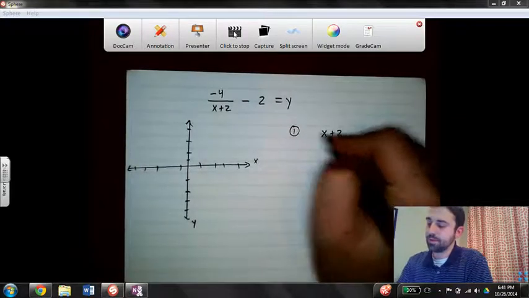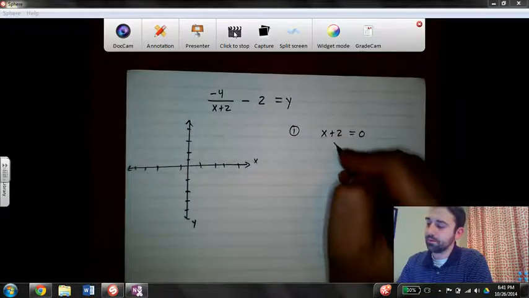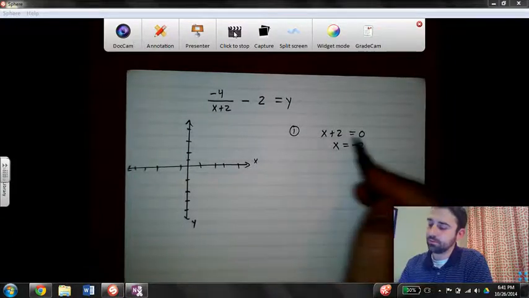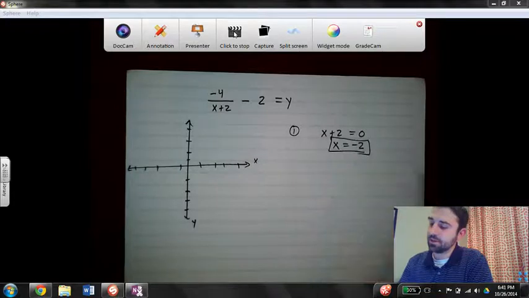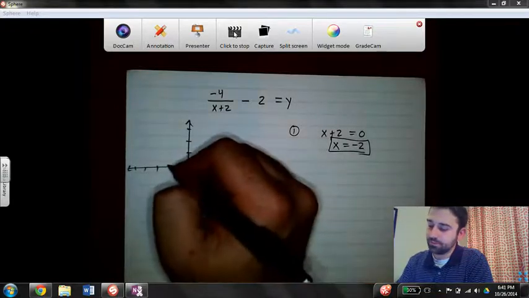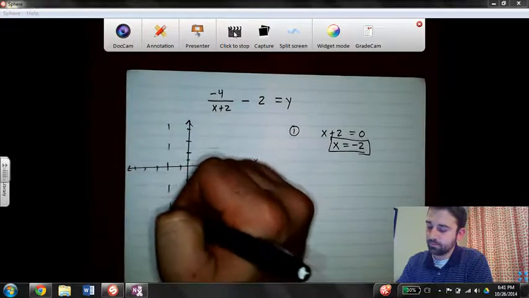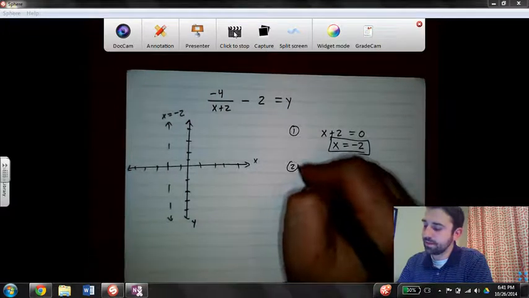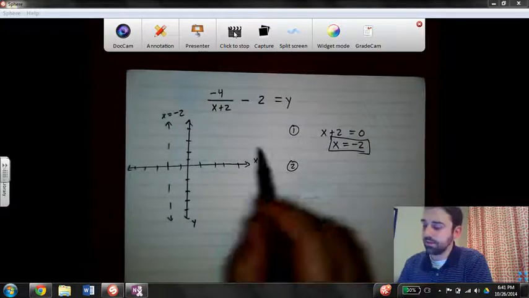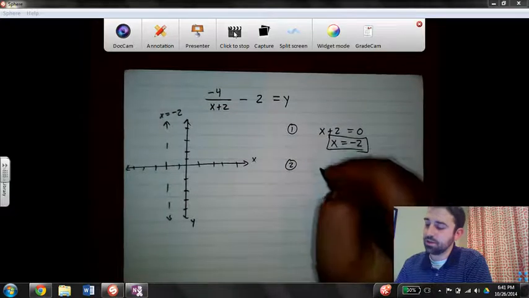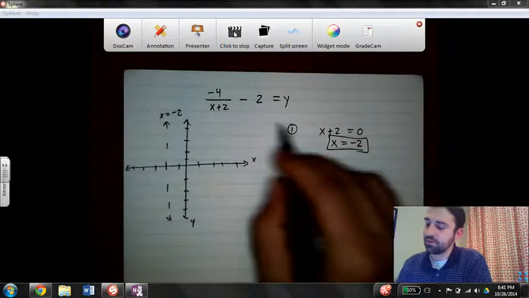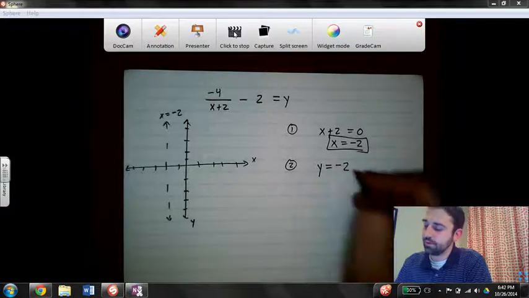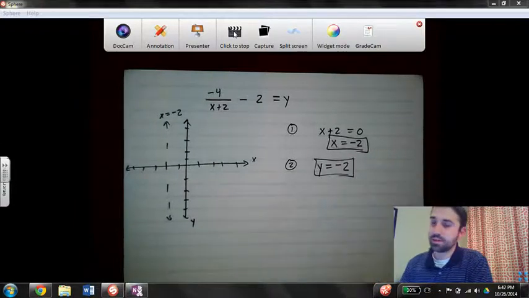So I take the denominator, set it equal to 0, and when x is equal to -2, the denominator goes to 0, so this is the vertical asymptote. Second step, I'd find the horizontal asymptote, looking at the function and knowing what I know about function transformations. I'm going to be shifting down 2 units. So y equals -2 would be my horizontal asymptote.